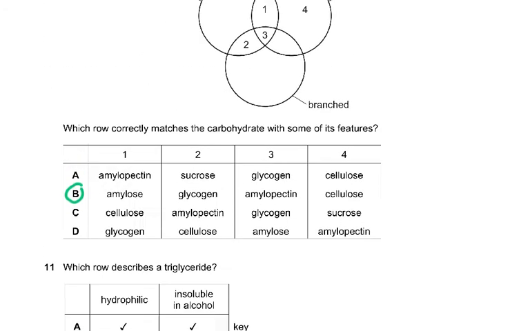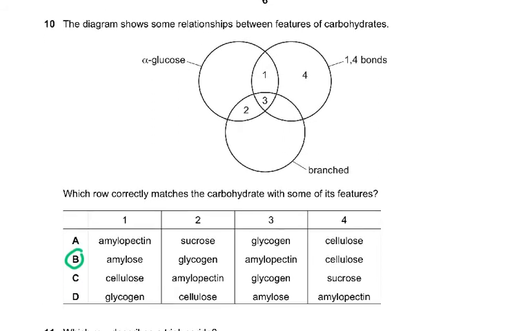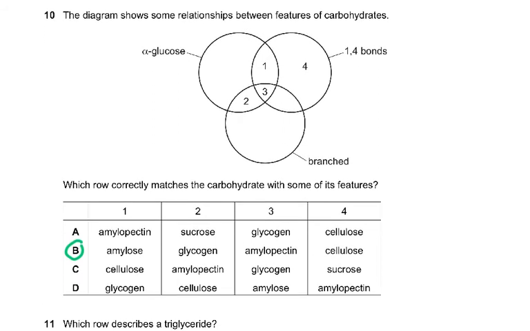Then coming to question number 10, the diagram shows some relationships between features of carbohydrates. Alpha glucose is sort of a circle, and then 1,4 bonds and then branched. Which row correctly matches the carbohydrate with some of its features? Amylose, glycogen. So why was this the correct answer?